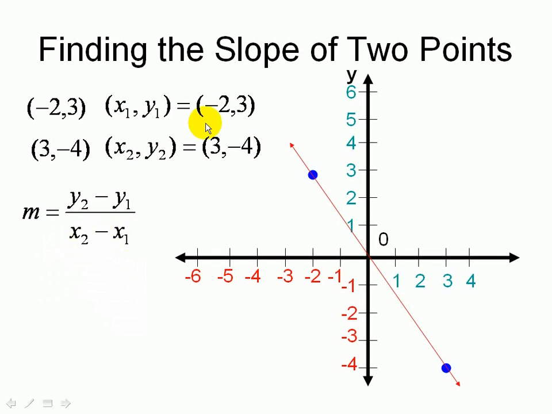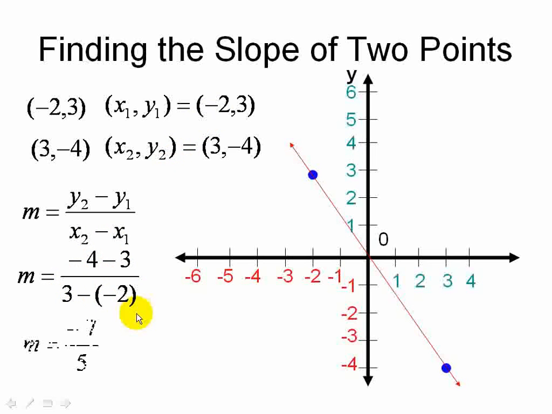Using the definitions we described earlier, we have then in the numerator -4 minus 3, and in the denominator 3 minus -2. That yields an answer of -7/5, and you can see here that this is a negative slope.